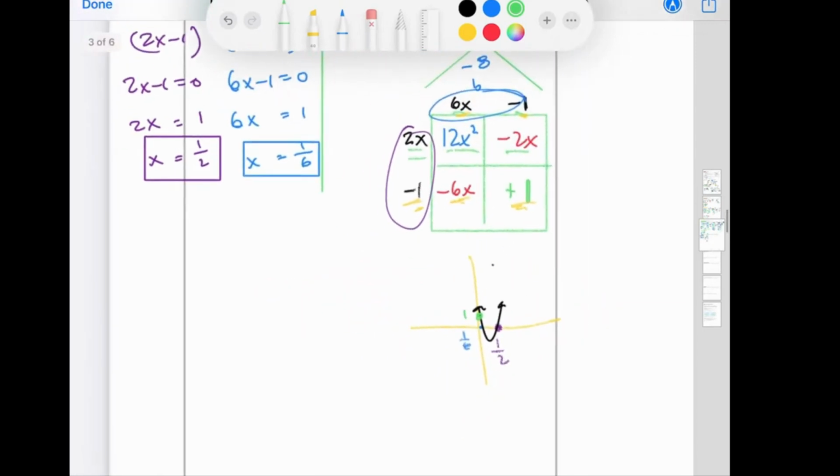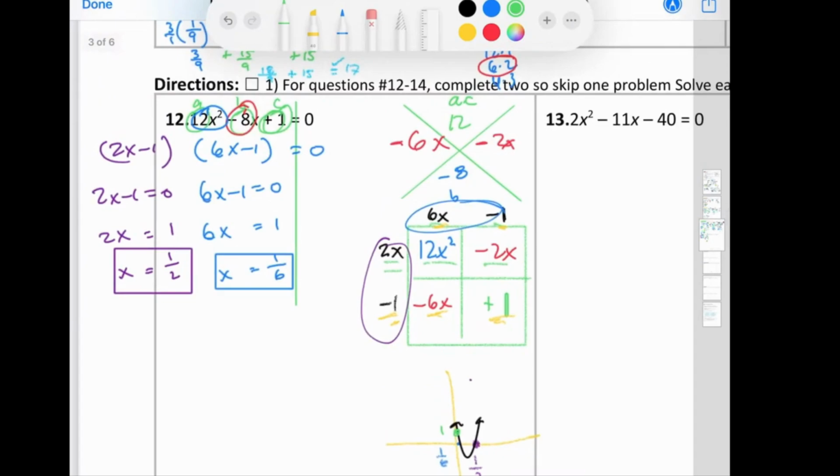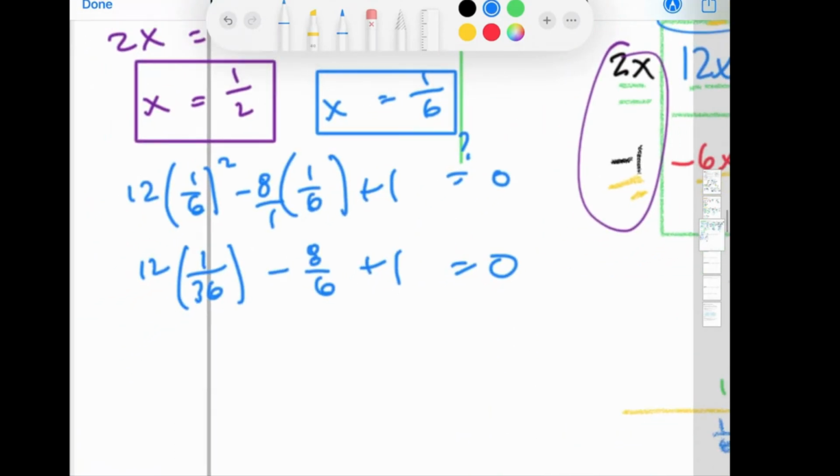Let's go ahead and quickly check our answers here. What do we got? 1/6. 12 times 1/6 squared minus 8 times 1/6 plus 1. 1/6 squared is going to be 1/36. Just multiply across, you'll get negative 8/6 plus 1. Is this equal to 0? Put it over 1, 12/36.